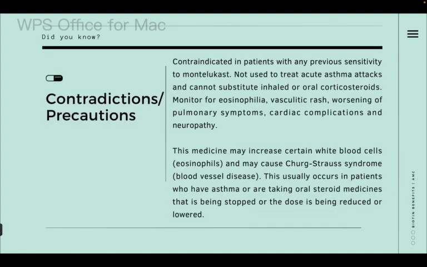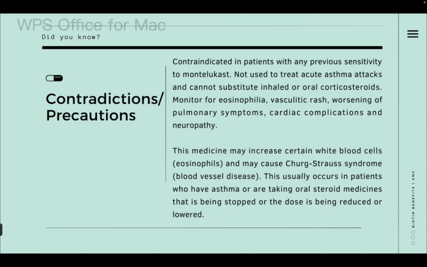Did you know the contraindications and precautions of Montelukast? It is contraindicated in patients with any previous sensitivity to Montelukast. It is not used to treat acute asthma attacks and cannot substitute for inhaled or oral corticosteroids. Monitor for eosinophilia, vasculitic rash, worsening of pulmonary symptoms, cardiac complications, and neuropathy.